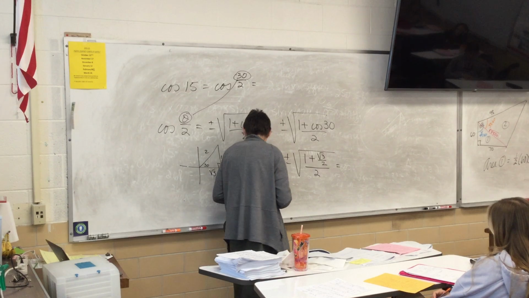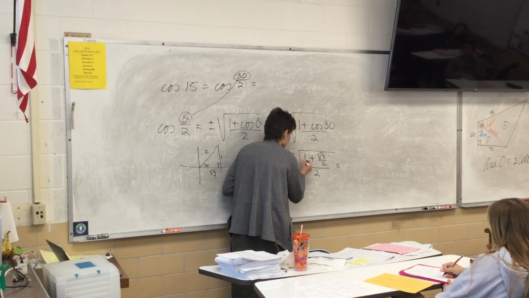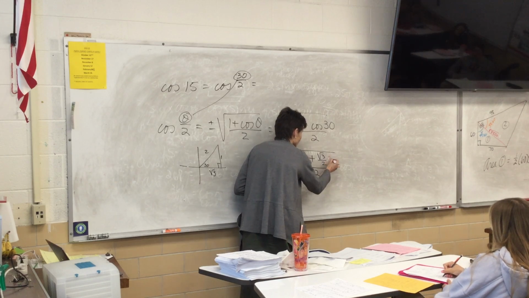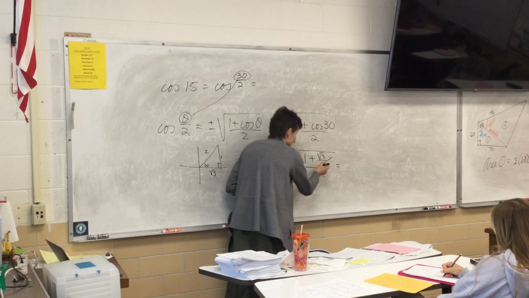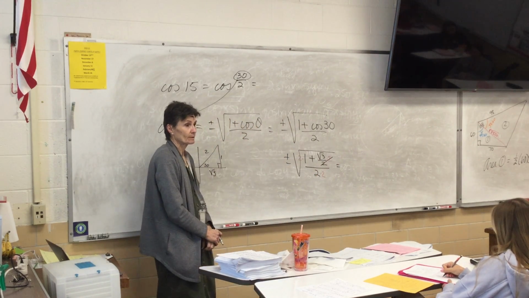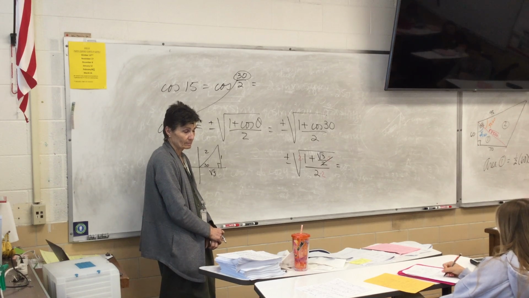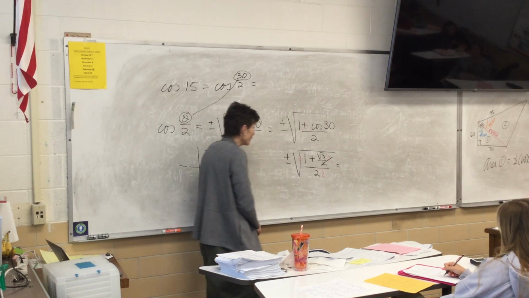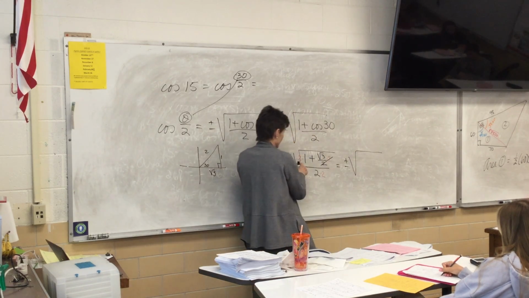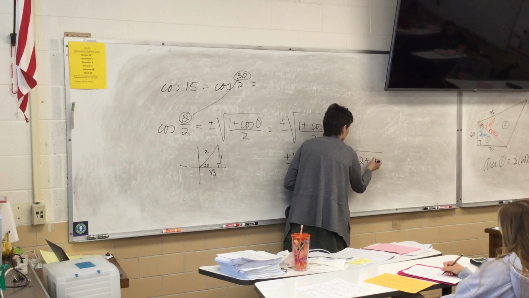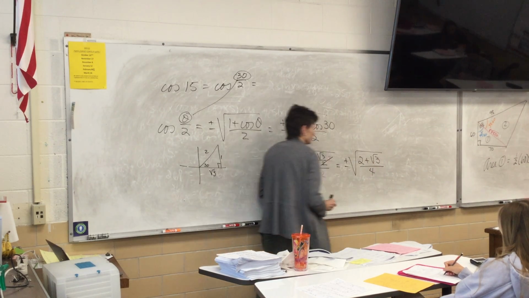So to get rid of that, I am going to multiply everything by 2. That will cancel this. Do you see that? That's why I did it. So what do I have now under that radical? I got 2 plus root 3 over 4. You can't simplify.